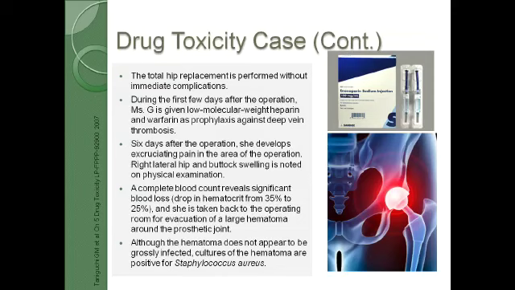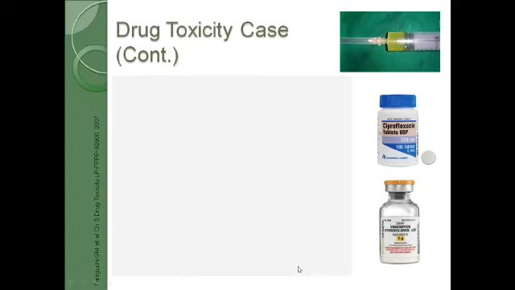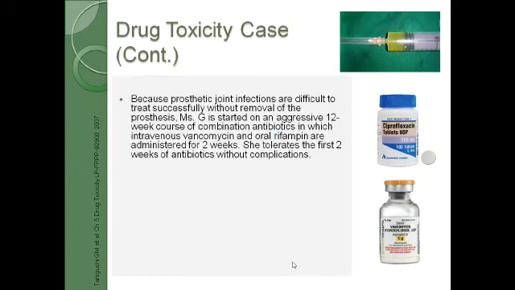Although the hematoma does not appear to be grossly infected, they send it for culture, and the culture result is Staphylococcus aureus growth was observed. Since now there is infection, and these prosthetic joint infections are difficult to treat without removal of the prosthesis, an aggressive antibiotic treatment was started.